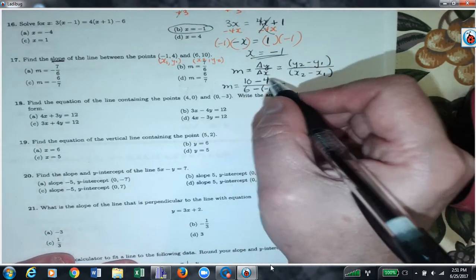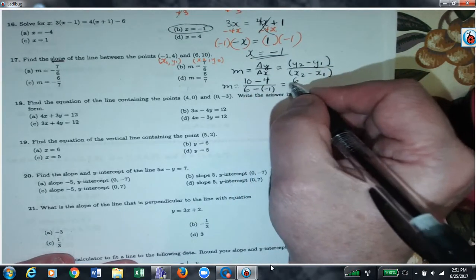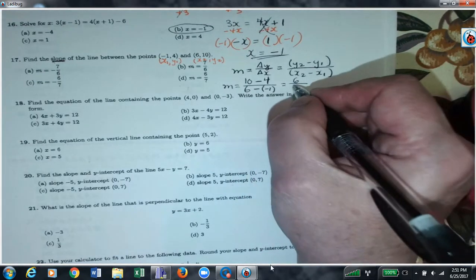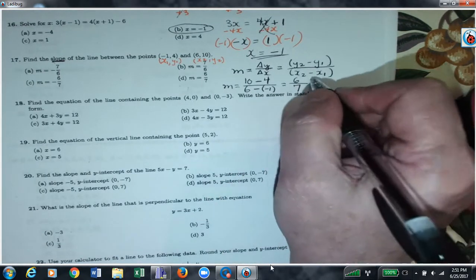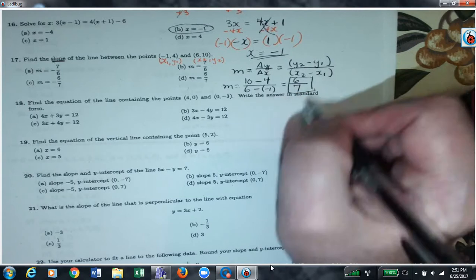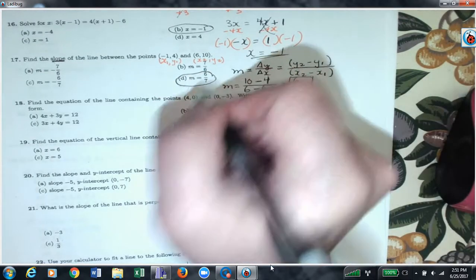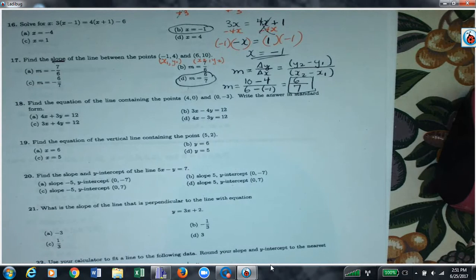So in the top, 10 minus 4, I have 6, and in the bottom, I have 6 plus 1, which is 7. And so this is my slope, 6/7. And so the answer to number 17 is D.